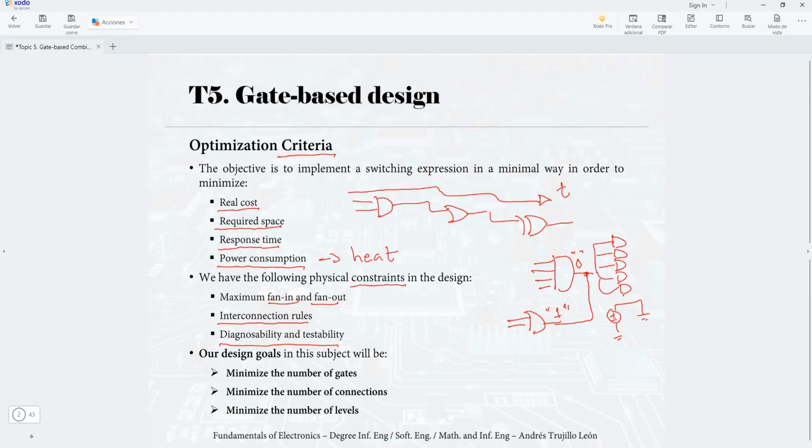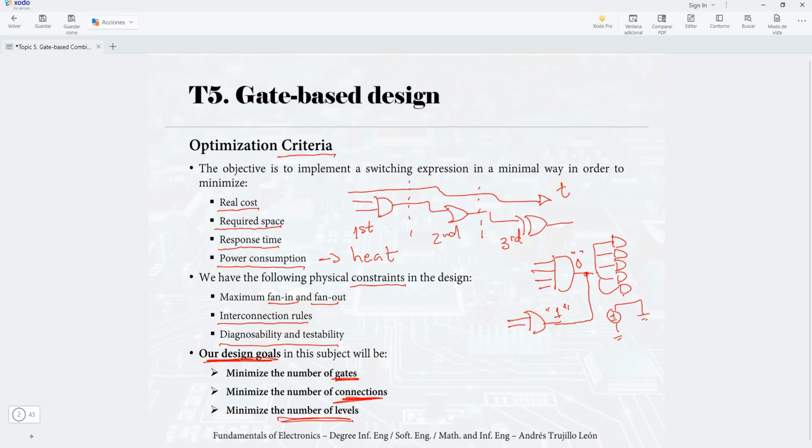So our design goals are using as few gates as possible, using as few connections as possible, and minimize the number of levels. The number of levels appears when we connect one gate after the other. For example, in this circuit, this would be level 1, level 2, and level 3.